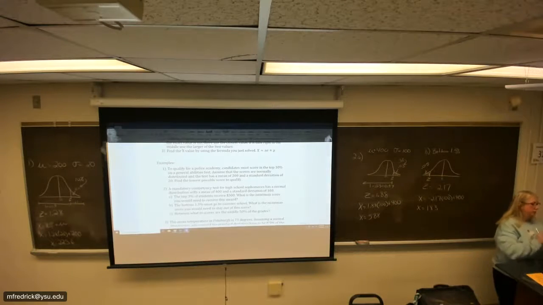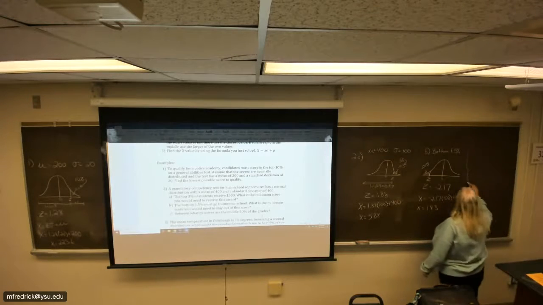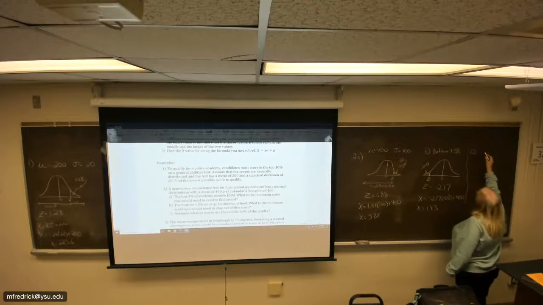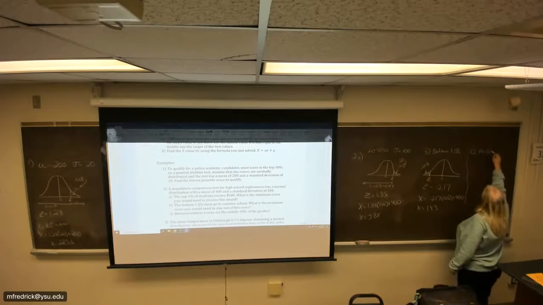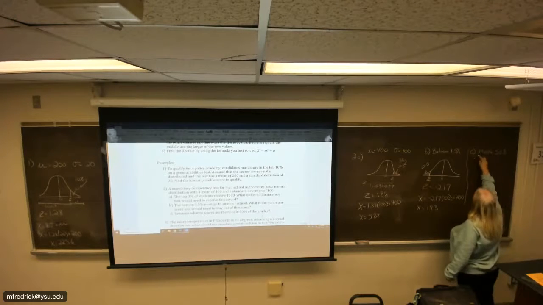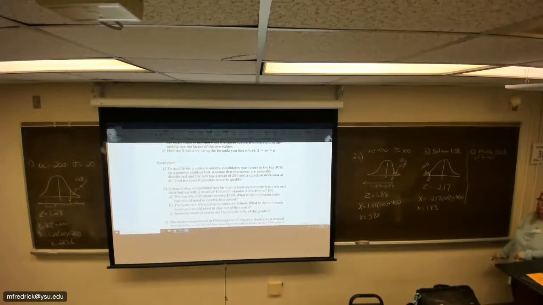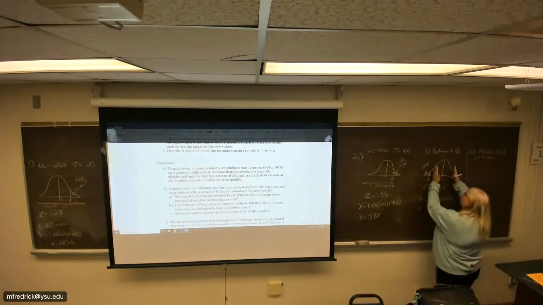Part C. Think about how you would set up those two values for your middle 50%.